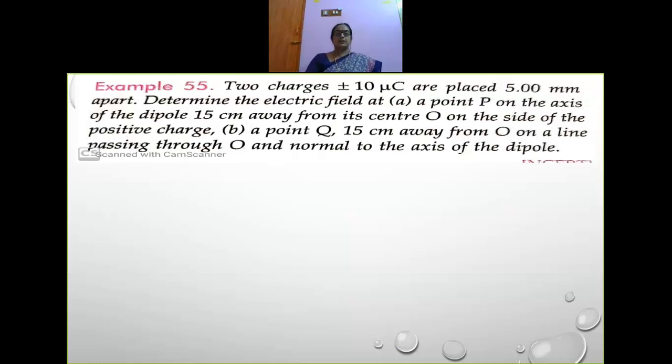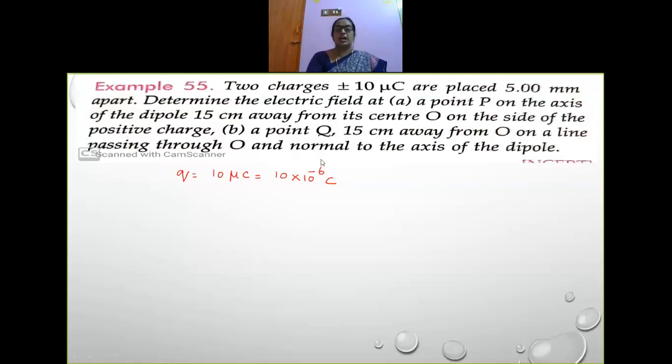So the first problem here is, let us take two charges of plus or minus 10 microcoulomb. So the value of charge is 10 microcoulomb, which can be written as 10 into 10 power minus 6, right? Micro is 10 power minus 6.